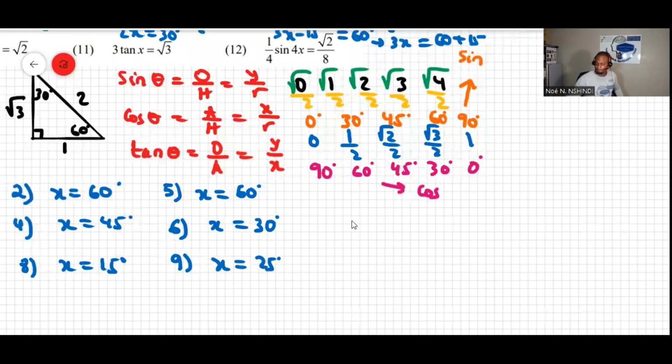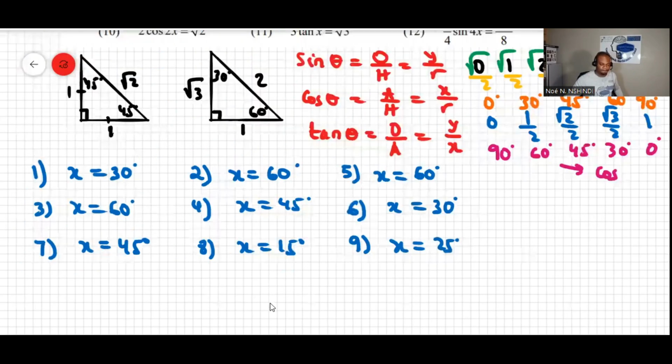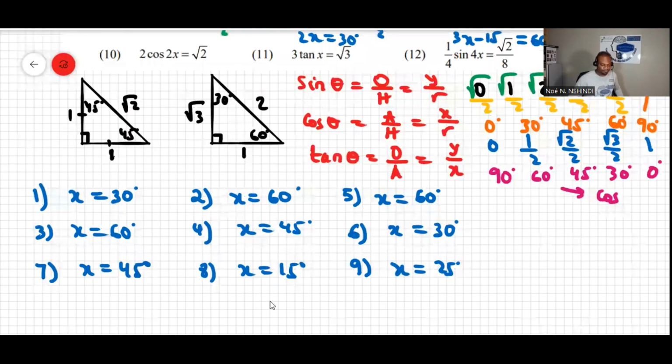You see? We can also do question 10. First we get rid of these 2. We divide by 2 on both sides, and then we know that root 2 over 2, because we talk about cos, is 45 degrees.